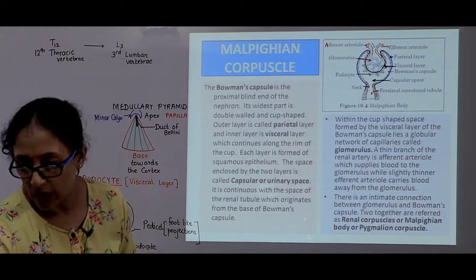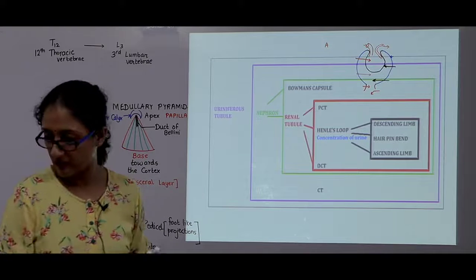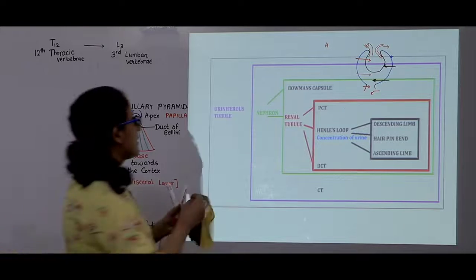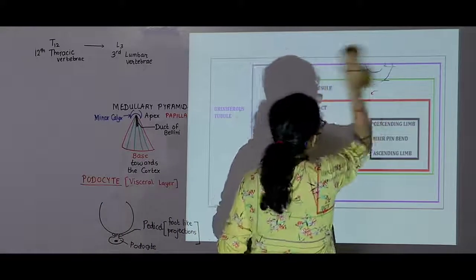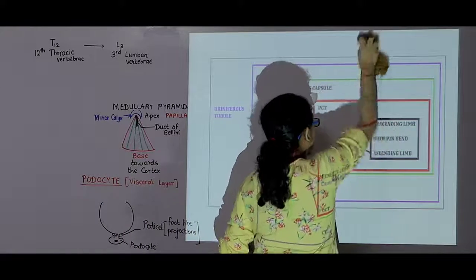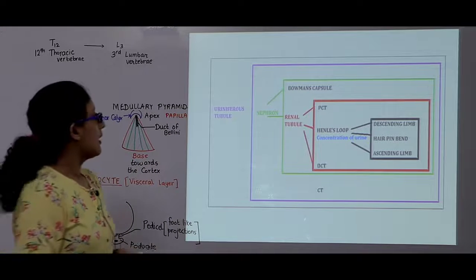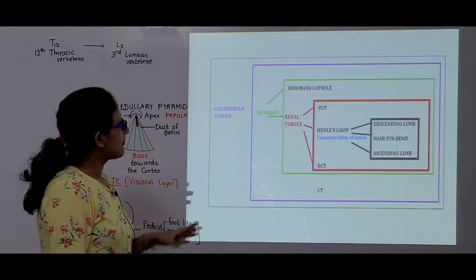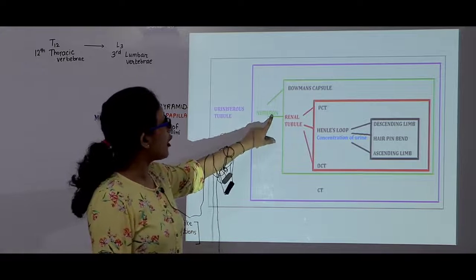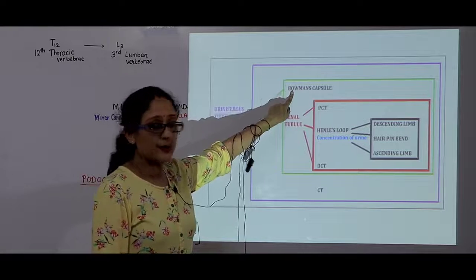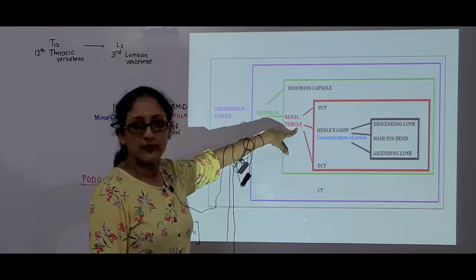Now, I have made a flow chart. So this will help you even for MCQs. The same image is also there in your notes. So first of all, you already know each nephron is made up of a Bowman's capsule and a renal tubule.